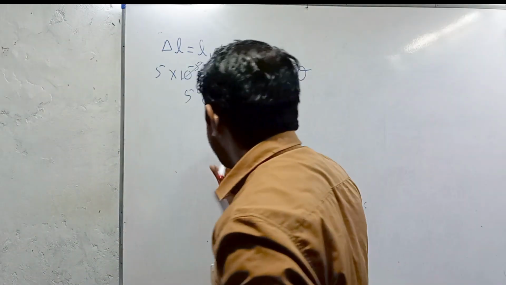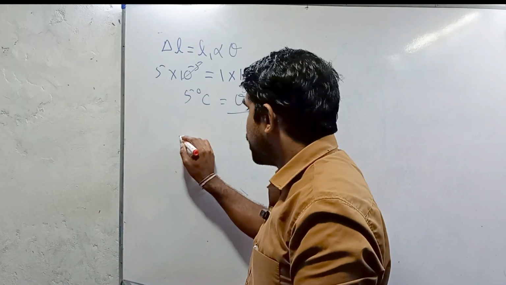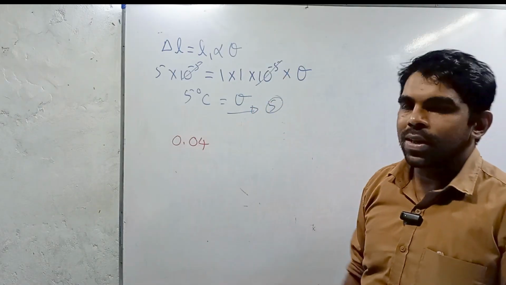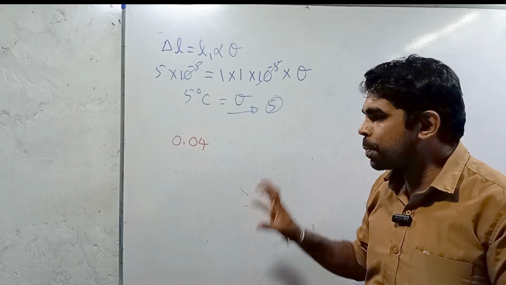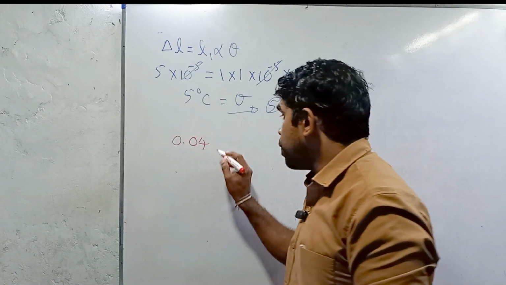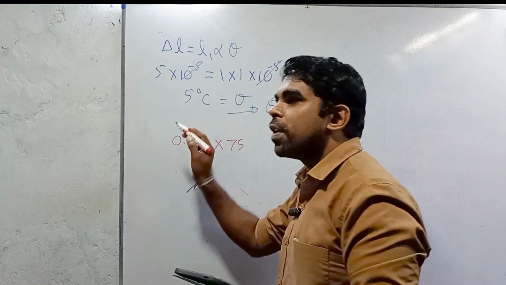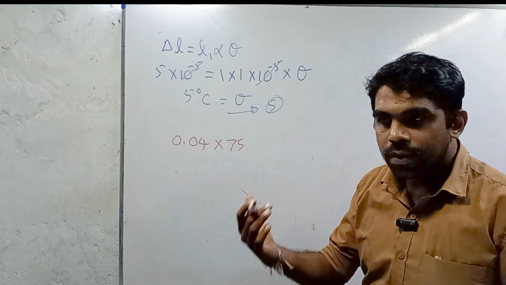We can get the absolute humidity value is 0.04. It is the vapor mass per unit volume, vapor mass per 1 cubic meter. But the volume of the room is 75 cubic meters. This one is the total vapor mass in the room.